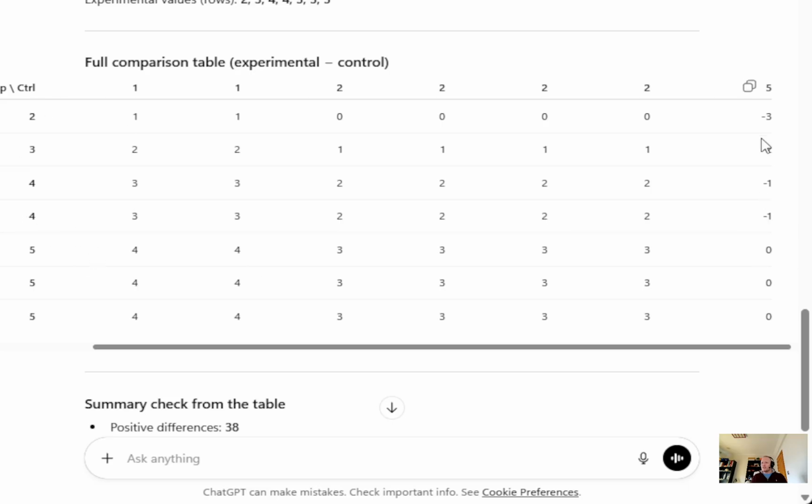So yes, there are exactly 4 values for comparisons which yield negative differences, so that would be in favor of the control group. And you also see 1, 2, 3, 4, 5, 6, 7 zeros, so that's also correct. The answer that was given before, 7 ties, is correct.